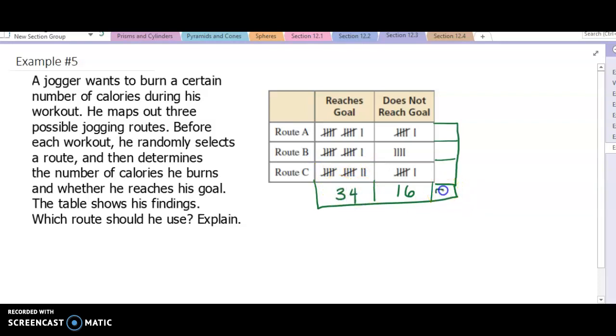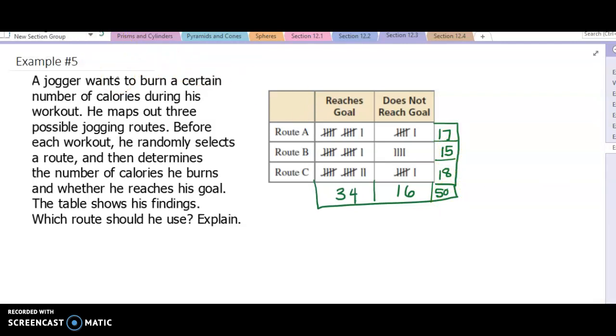And here, add those, it's 50. All right, now 5, 10, 15, 16, 17 is route A. He went 11, 15 down route B, and 18 on route C. If you add those up, they do equal 50.